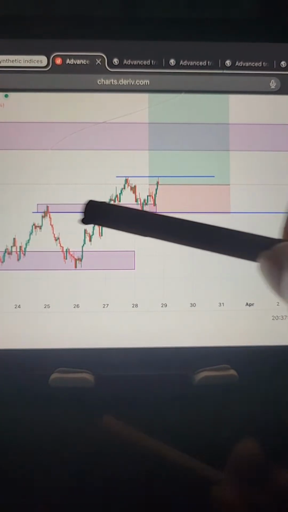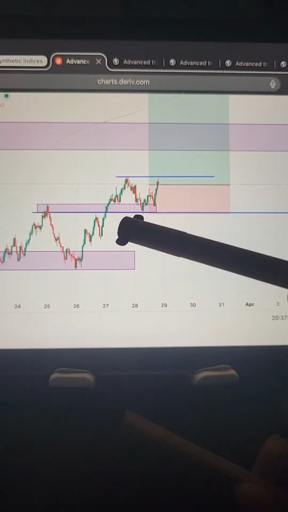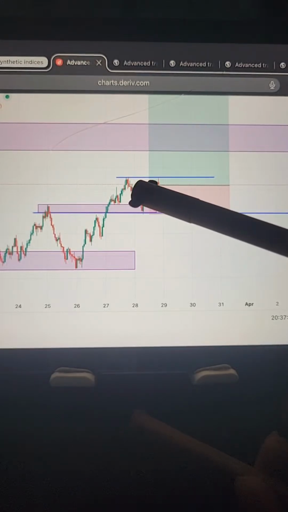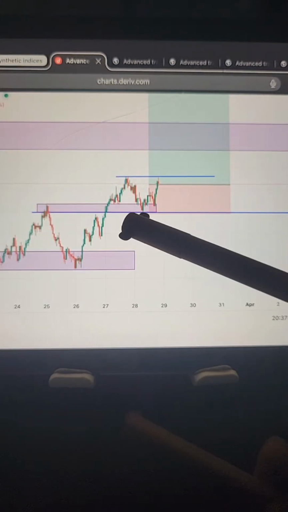So when price did a pullback to around this zone, I got my entry from here, then I set my stop loss below this low, and I'm targeting that high there.